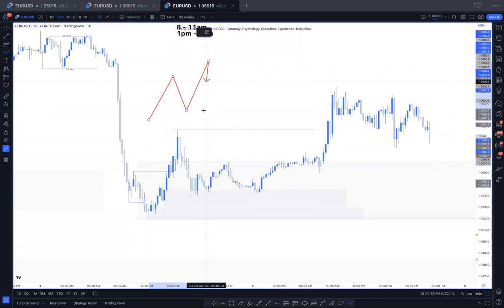Change of character. So you want to see how you can catch this pullback here, so that you can now trade it and now break structure here. Now imagine if you saw this move down, break of structure, pull back, retest POI, and then break structure. Basically, that's how price moves. So your intention is always to catch this low here. And that's what price has done.